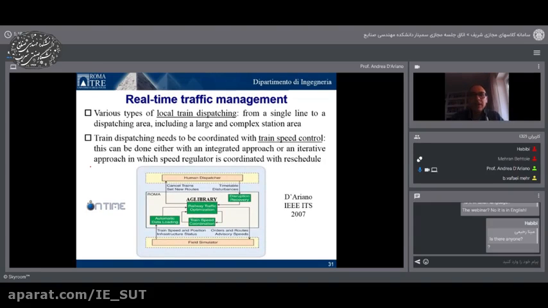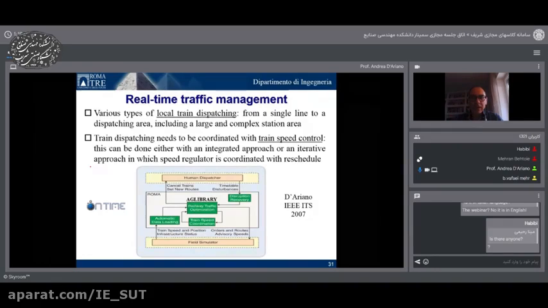Another type of problem that is still a dispatching problem is the combination of controlling trains in a local area and controlling the speed of trains, helping the person guiding the train driver to find the optimal speed trajectory. So you can at the same time give advice to the driver and to the human that is controlling locally the dispatching area.